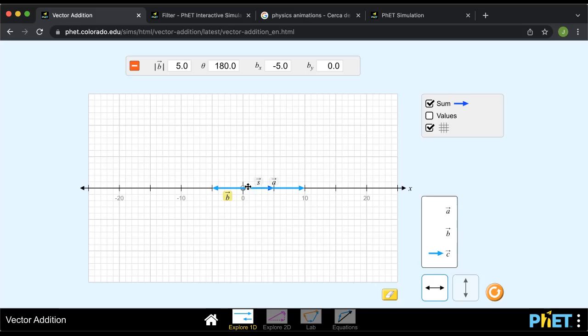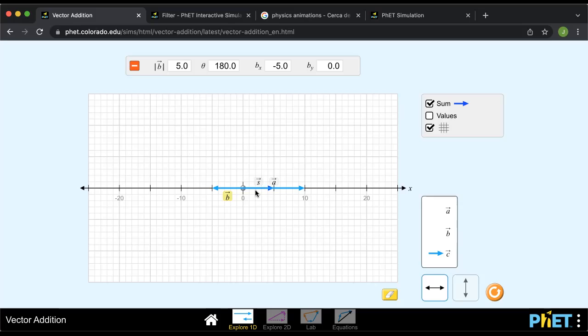So the resultant is 5, positive, pointing to the right or to the east, because the subtraction is positive between the A and B vectors.